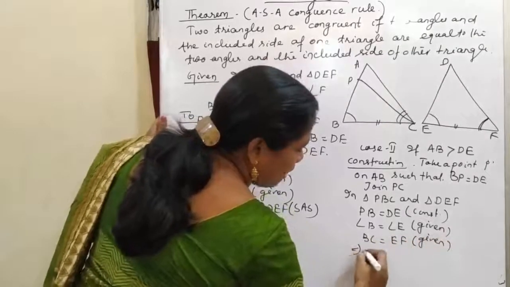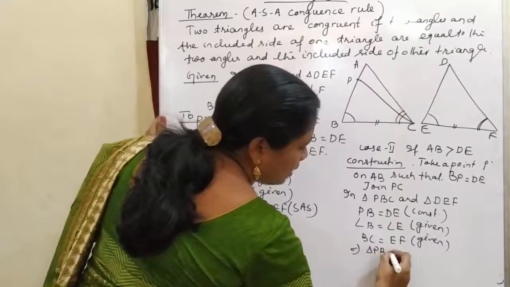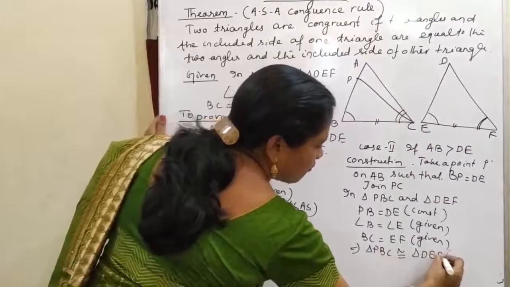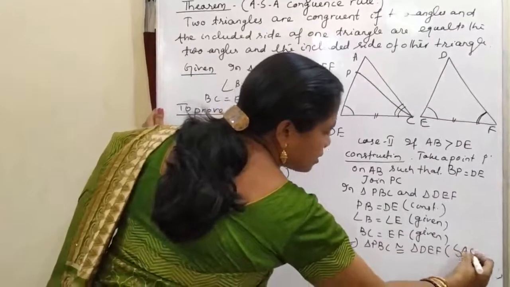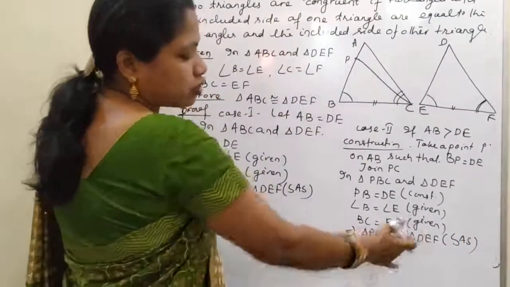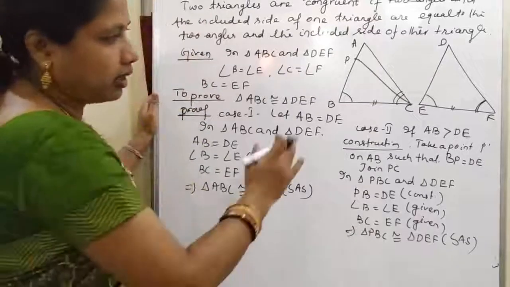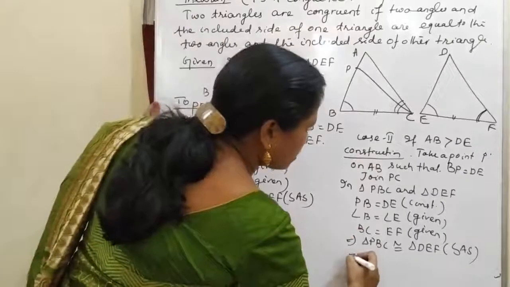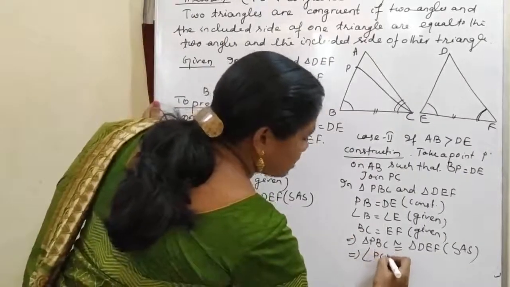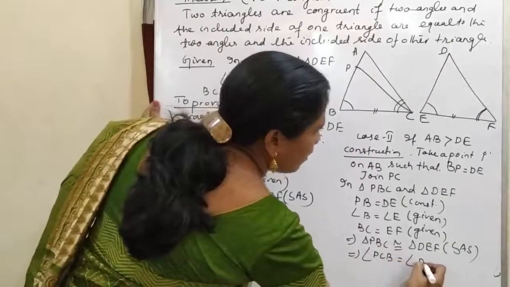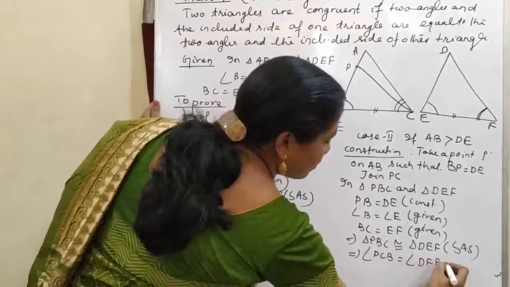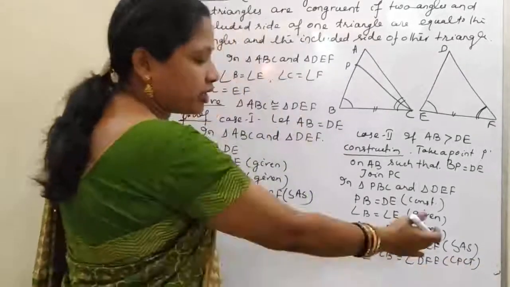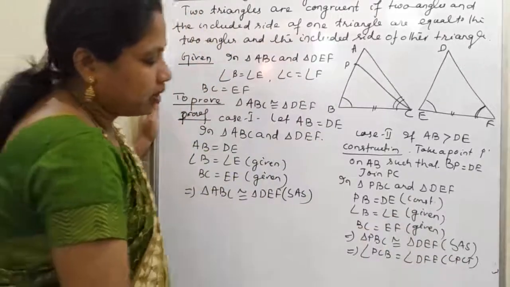So this implies triangle PBC is congruent to triangle DEF by the SAS condition. If these two triangles are congruent, then the corresponding parts are equal. So this implies angle PCB is equal to angle DFE by CPCT, corresponding parts of congruent triangles.